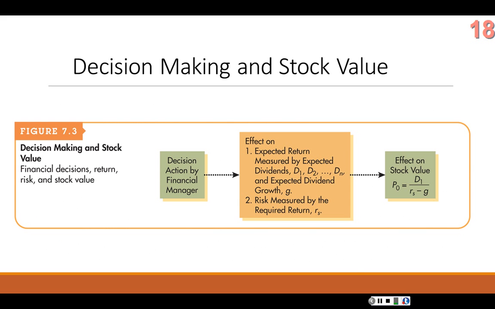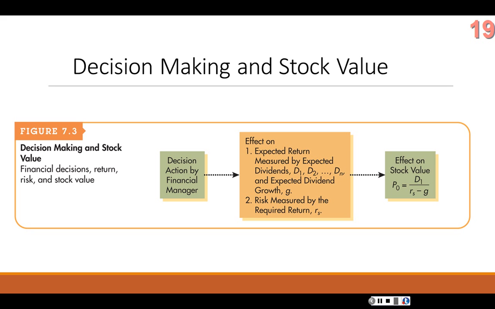So when calculating stock values, every decision that a financial manager makes impacts a firm's stock value. If the decision is going to cause expected returns to increase, or dividends to increase, or the growth rate to increase, it may also have an impact on the risk or the required return.